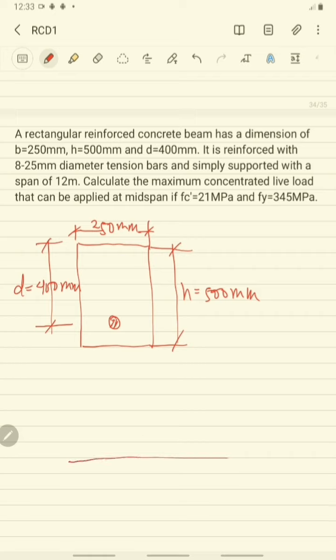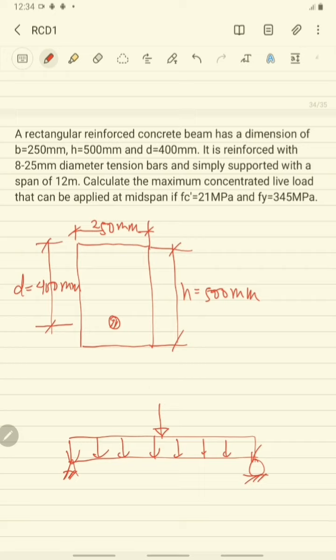So this beam is a simply supported beam, so we assume this is the figure of your beam, and your beam is uniformly loaded for the entire beam span.